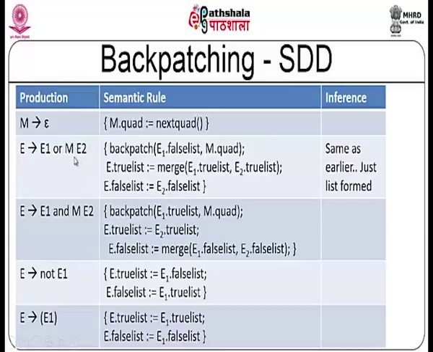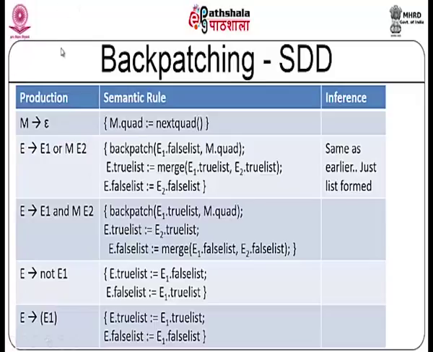This M is basically the new non-terminal, and it says find the next quadruple, that is, increment the line number, go to the next quadruple, create or fetch the next quadruple. So, if I am at line number 103 and I have an M here, M will say go to next quad, and M will give me line number 104.